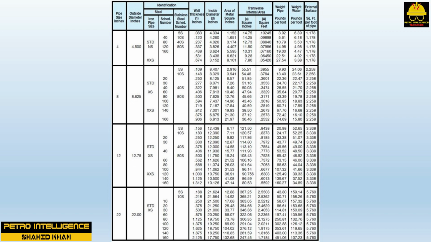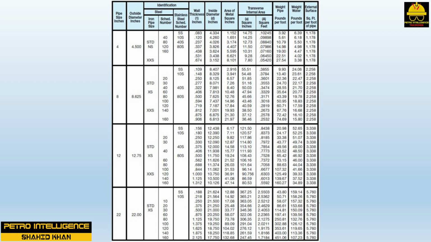Steel pipe is manufactured in various diameters and wall thicknesses. Pipe sizes are identified by the pipe's nominal size. Nominal means in name only, which is usually different from their actual inside and outside diameters as shown in picture. For example, a 3.5-inch pipe has an outside diameter of 4 inch and an inside diameter somewhere between 3 and 4.